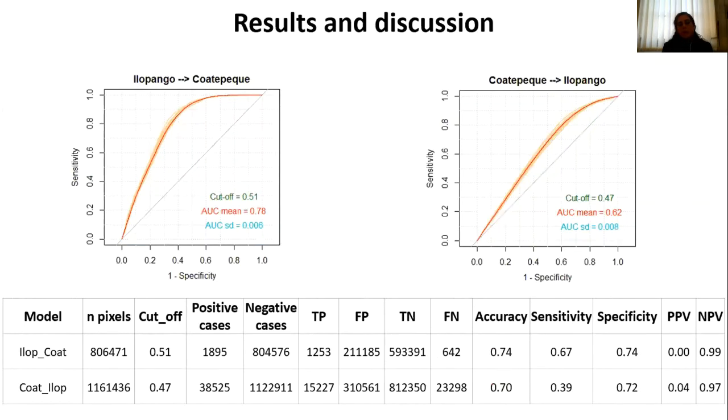Spatial validation results are just satisfactory for the Ilopango to Coatepeque test, while the Coatepeque to Ilopango transfer is not acceptable. In fact, while the relationships between the Ida landslide scenario and the predictors seem to work in predicting the 12E landslide scenario, the opposite is not true.